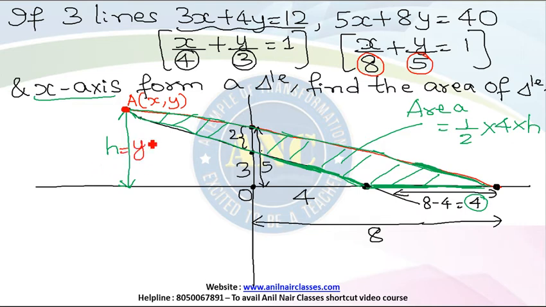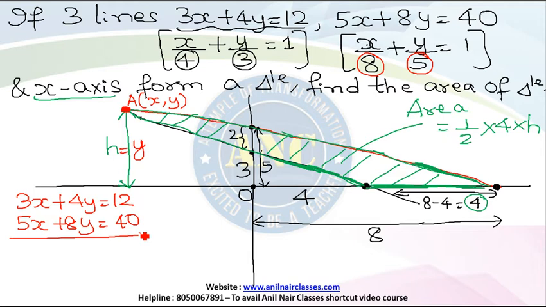How to find the x and y coordinates of this point? This point is nothing but the point of intersection of two lines: 3x plus 4y is equal to 12, and the other line 5x plus 8y is equal to 40. I am sure that you know how to solve these two simultaneous equations.